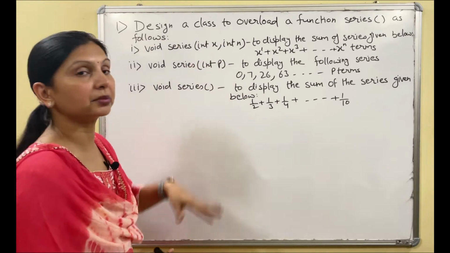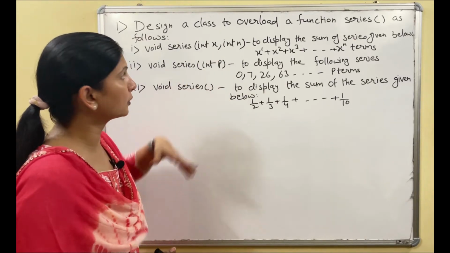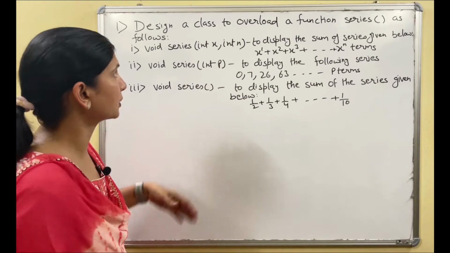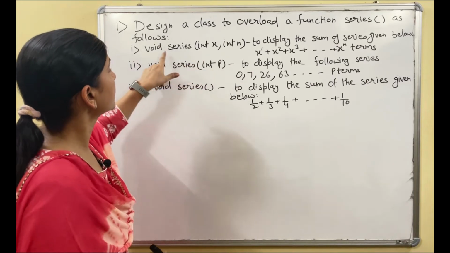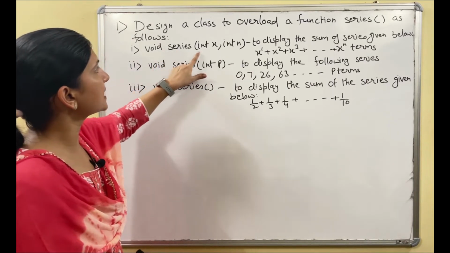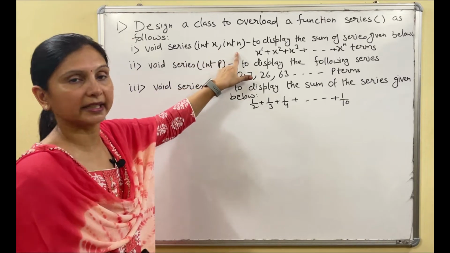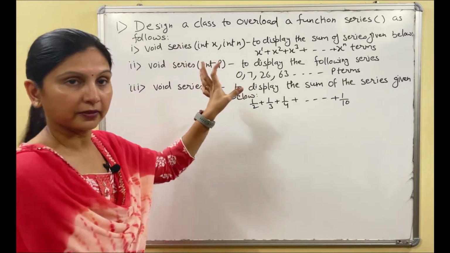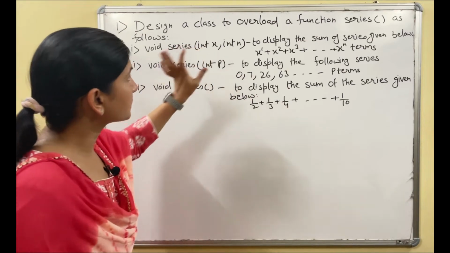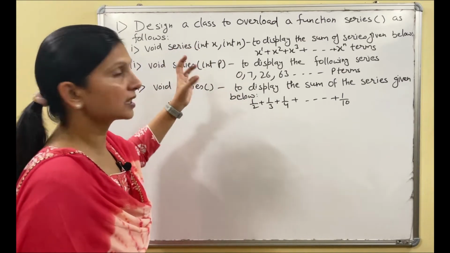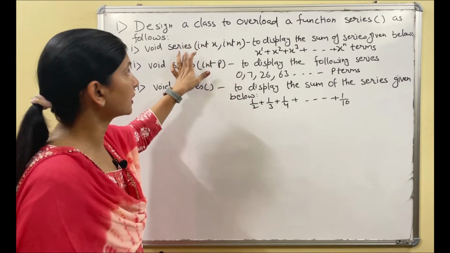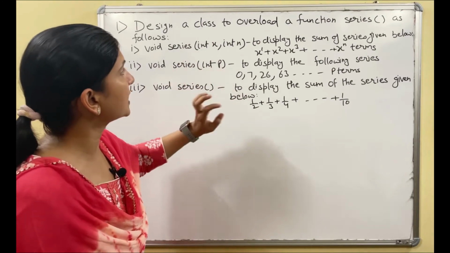Or there can be the type, but here the number of arguments are different. So first function is void series(int x, int n). It is given, so you have to make this function only. You cannot change any parameter or the function name. You have to use the same as it is.